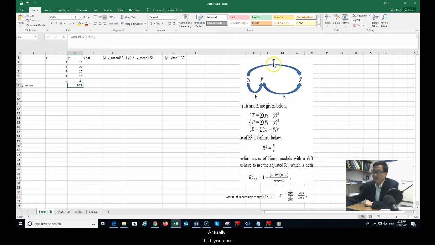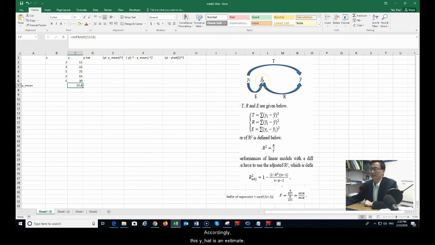So actually the T, you can think T is total distance, the total distance between yi and its mean. Okay, so this is T. The definition of T is actually the summation of squared yi minus the mean. Okay, summation is total summation.